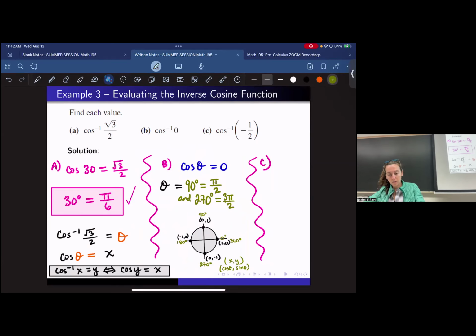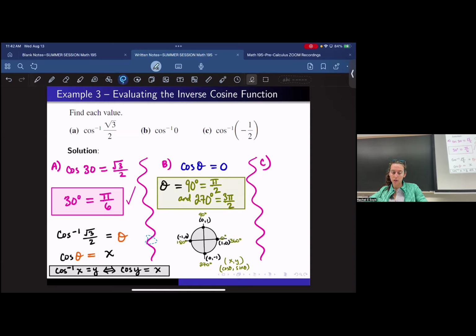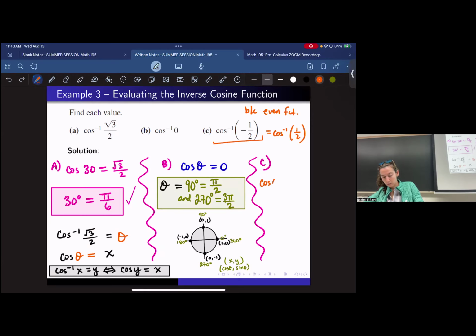cosine inverse of -1/2. Cosine functions are what, even or odd? The only even types of functions are cosine related. So because this is even, this is the same as just cosine inverse of +1/2. So essentially we're looking at, okay, cosine of what angle gives you +1/2.